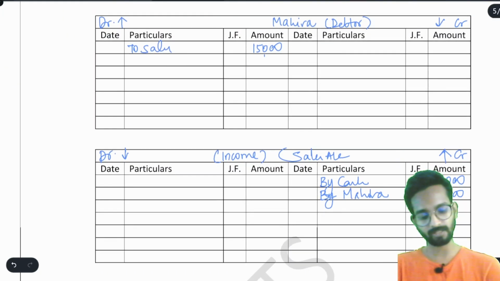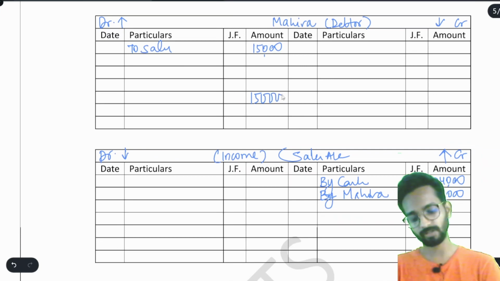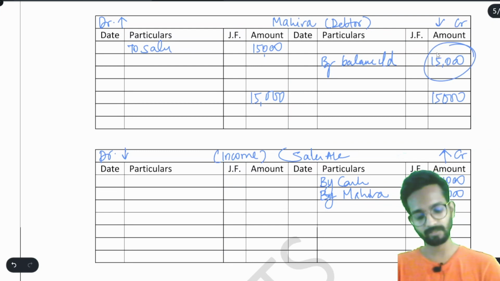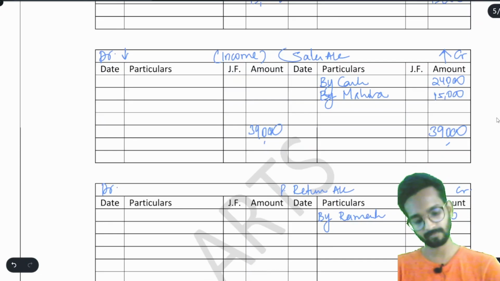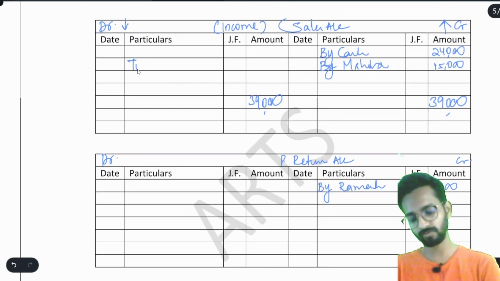Then Mahira is debtor 15,000, so we'll write here 15,000 total, 15,000. Now you can write there by balance carried down 15,000. Simple. Here in sales, the total is 39,000. So you will write here to balance carried down 39,000.